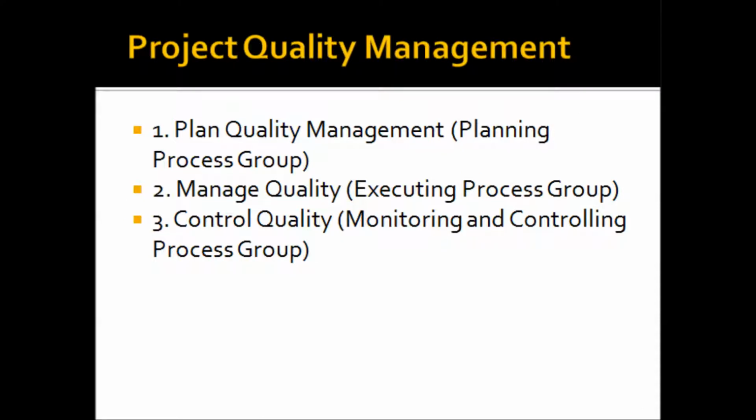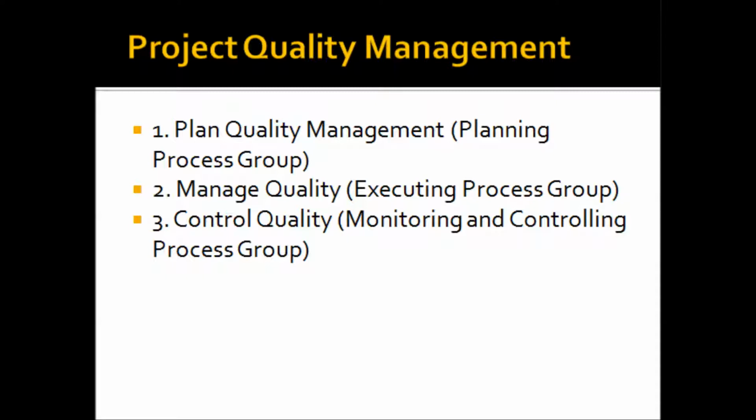Project quality management is another knowledge area, and the processes there are plan quality management, where we come up with our quality management plan. We manage quality, where we want to ensure that every activity and every work being done on the project conforms to the quality standards of our project.